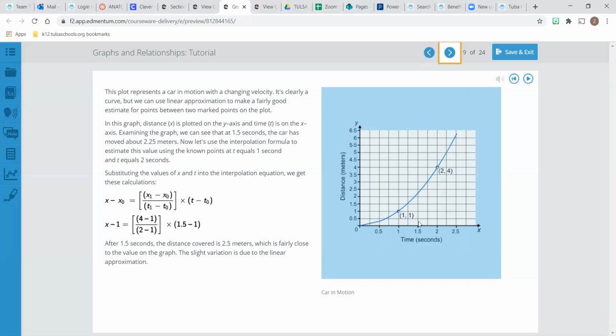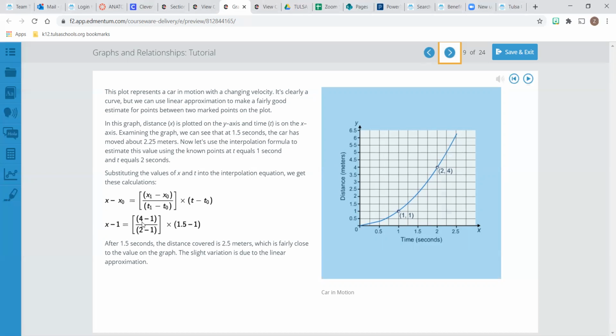So at 1.5 seconds, you can see the car has moved about 2.25 meters. Then you can use the formula to estimate this value using the known points at t equals 1 second and t equals 2 seconds. So you plug in 1 for the distance here.